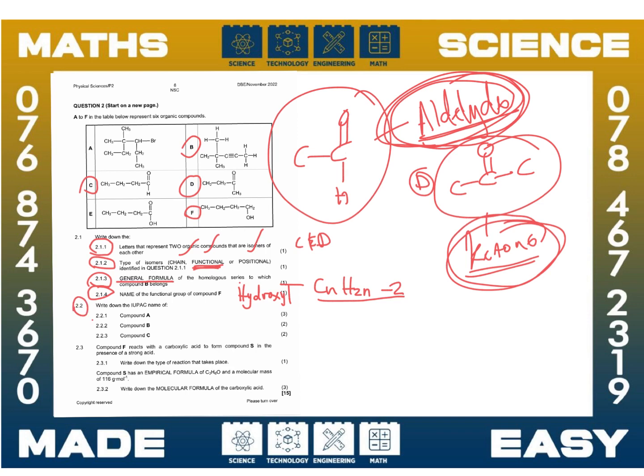On A, 2.2.1 said we should write down the IUPAC name of compound A. What is compound A? So we number the longest chain. So we start closer to the halogen. So we say in this case, this is our longest chain. 1, 2, 3, 4, 5.